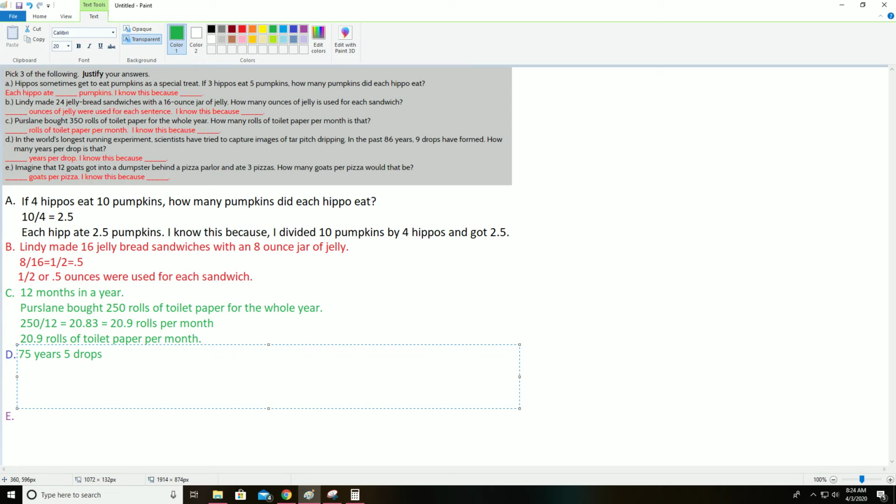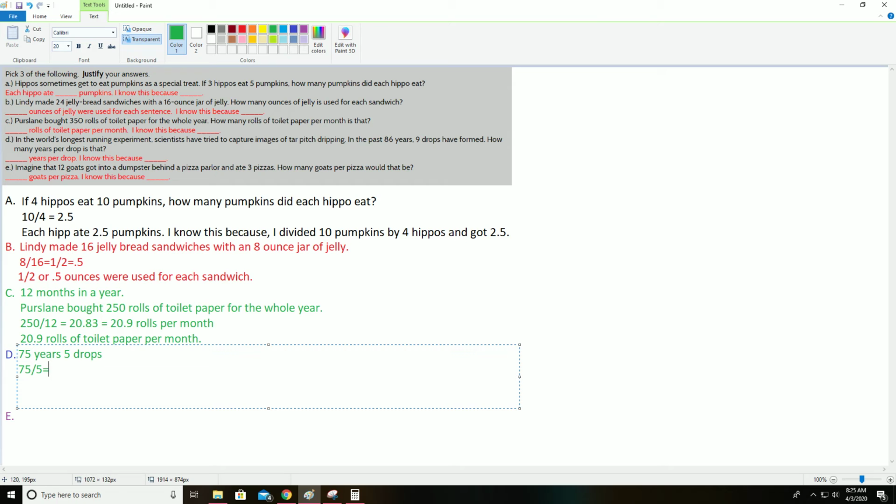I would have to divide 5 because we want to know the drops per year. Oh no, I'm sorry. We want to know how many years per drop, so we do divide 75, because 75 is the years per drop. So this is years. Division sign is per. The number 5 is the drops.